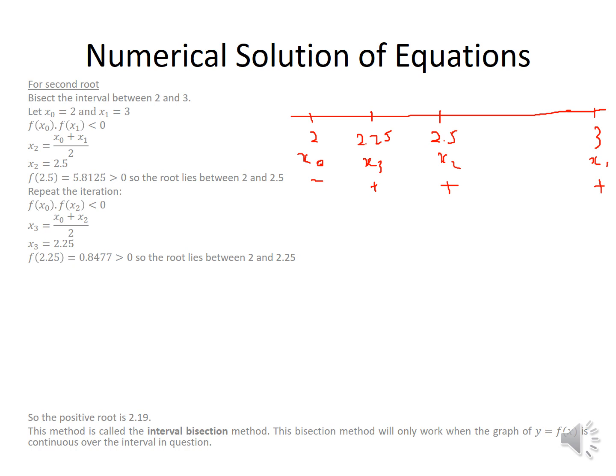So you have to continue the next iteration to get a smaller value. And the next approximation will be between x0 and x3. So x4 is equal to (x0 + x3) divided by 2. And we have the value 2.13.